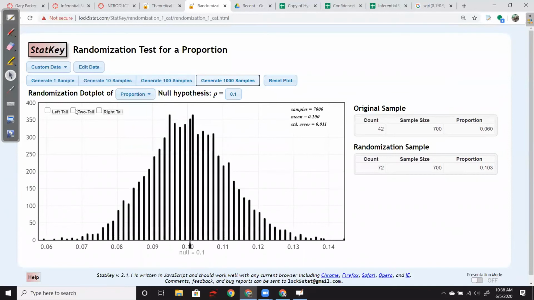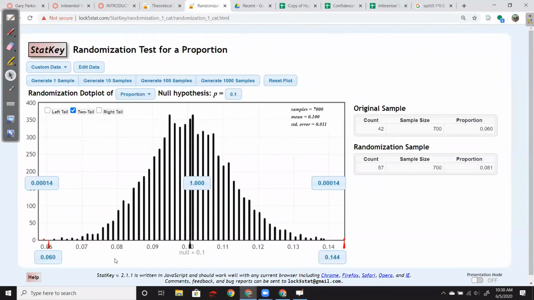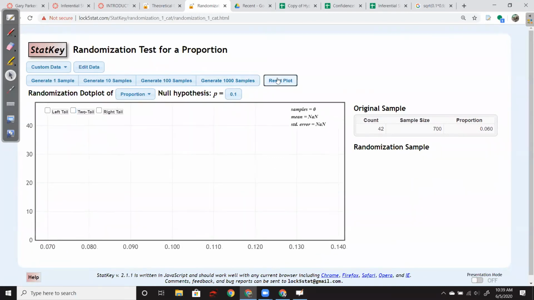And this should give me about the same answer for a two-tail, but I still have to come down here and enter my sample number, 0.06. And the simulation got it a wee bit smaller. This one says 0.0001 instead of 2. Interesting. So I'm going to try it again.